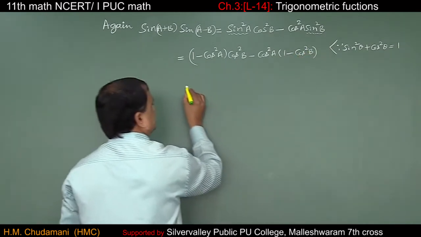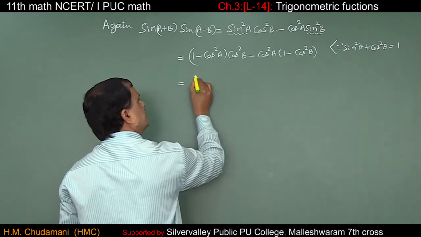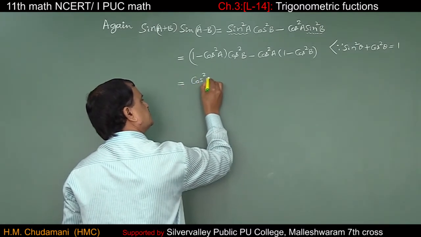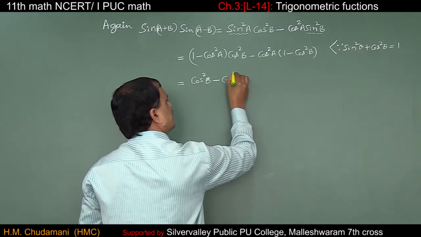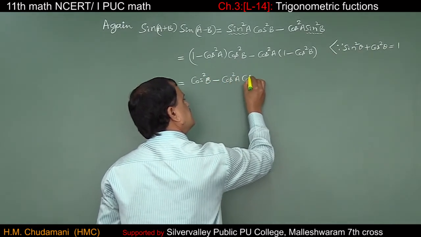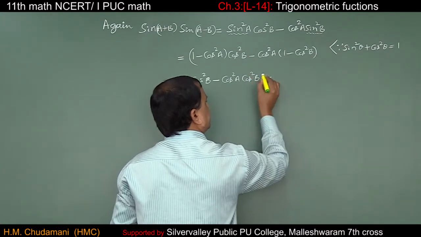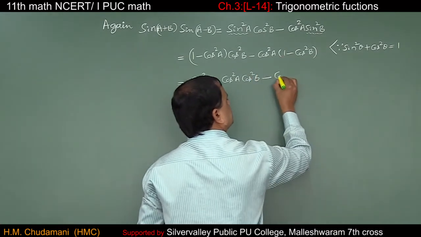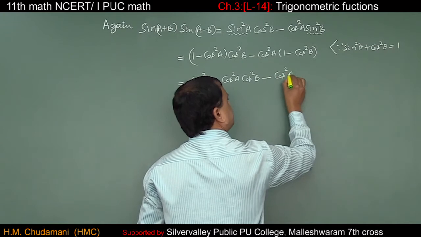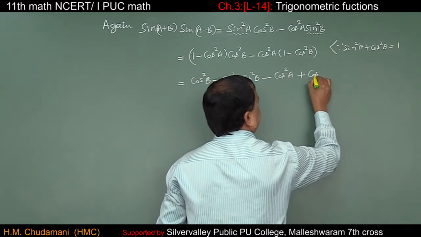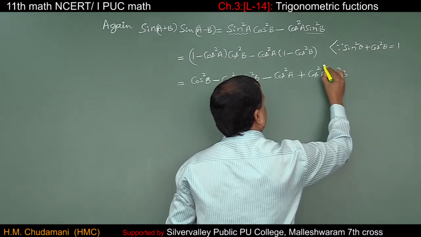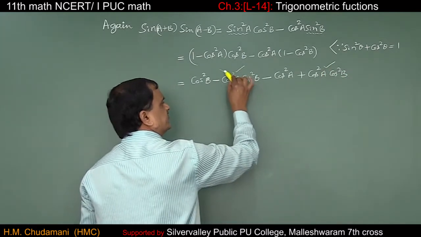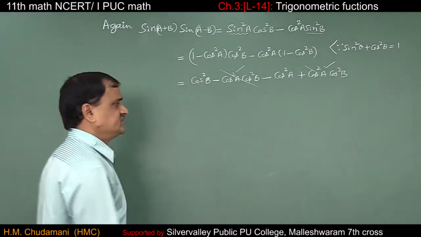Multiply 1 into cos²B, minus cos²A into cos²B, minus 1 into cos²A, minus of minus plus cos²A into cos²B. This is plus and this is minus, so it gets cancelled.